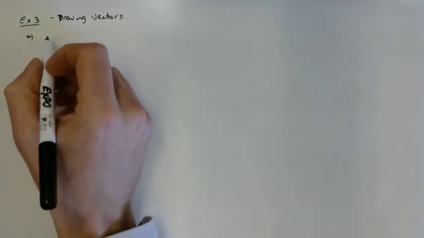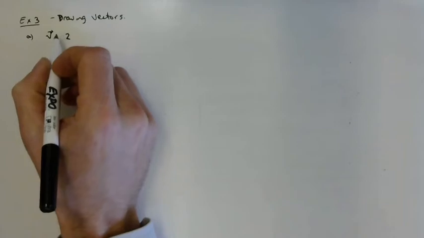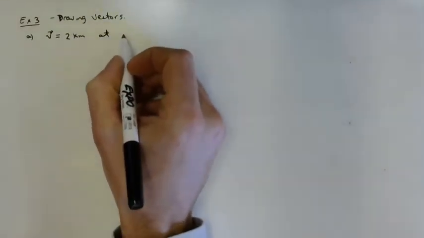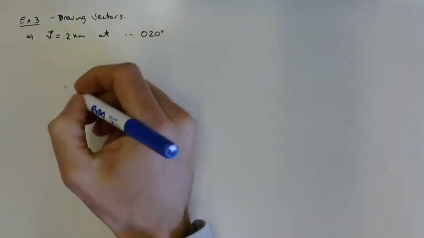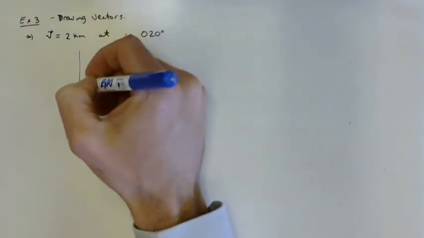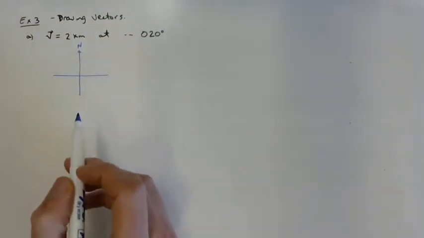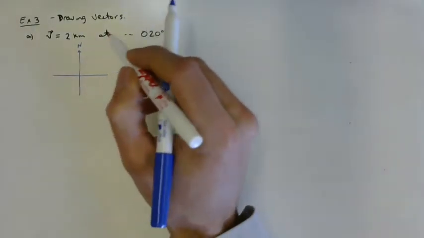And we are told that vector v equals 2 kilometers at a bearing of 20 degrees. It tells us it's at a bearing of, so we're looking at true bearing. We're coming from north, so I'm going to just draw my diagram with my north and then my east-west line as well. And we're told that we're coming from north 20 degrees.